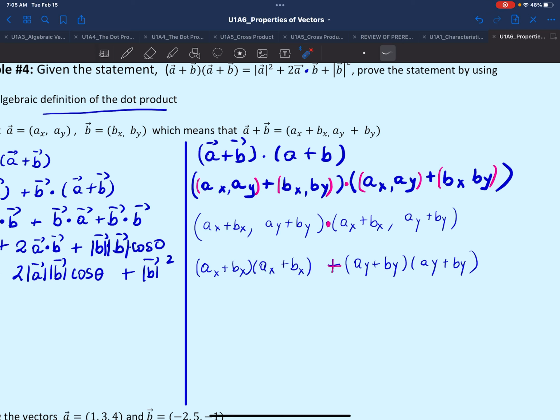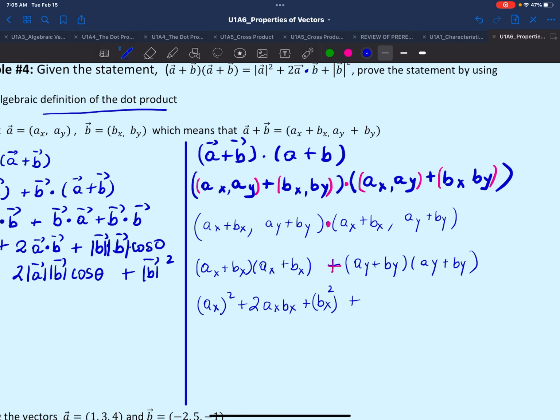So basically what we are doing here is we're multiplying the x coordinates together plus the y coordinates together. So remember, coordinates are just numbers, so let's go ahead and multiply AX times AX, so AX squared, and then plus, since they are coordinates, we can expand it, plus 2AX BX plus BX squared.